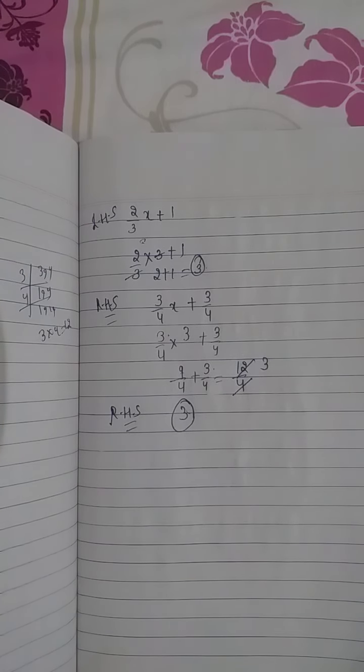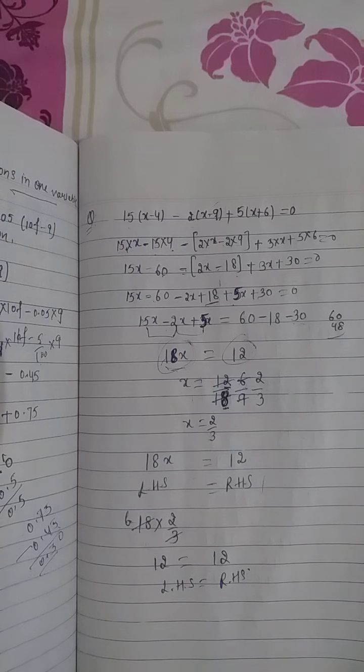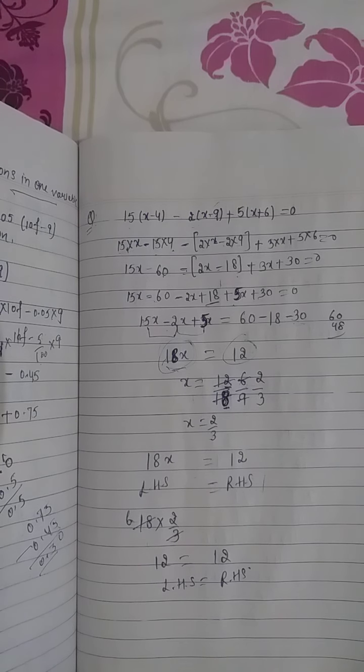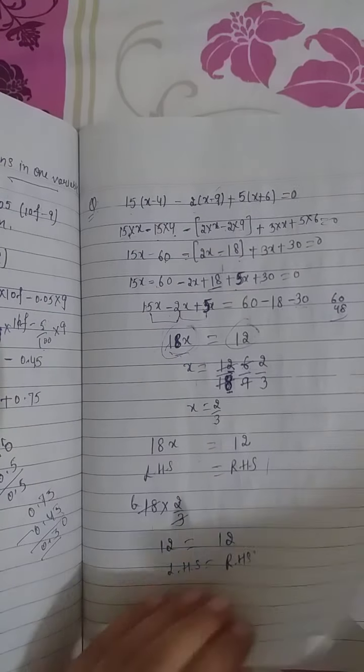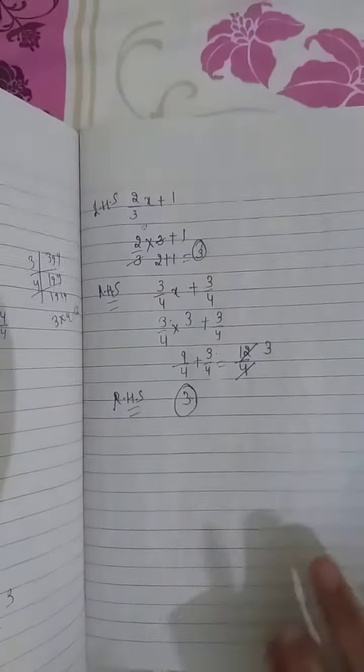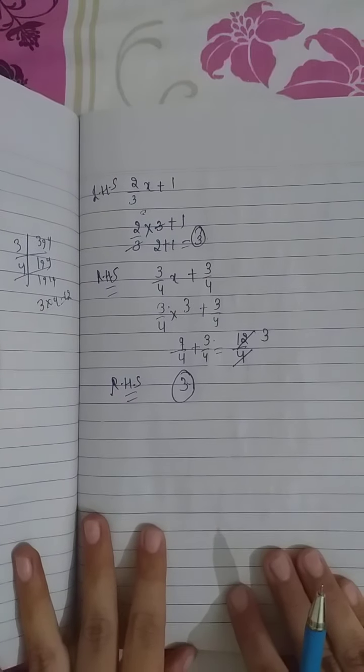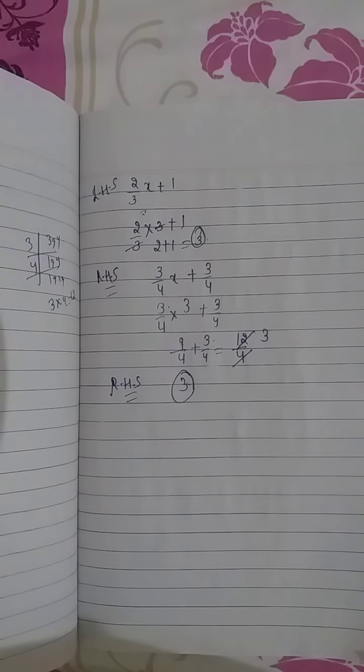So then we find the value of the variable, and after finding it, we have to put the value of the variable into the left hand side as well as right hand side. So if the left hand side is equal to right hand side, our solution is true. That means the solution of x is true. So in this way we can find the values of x by transposing method.